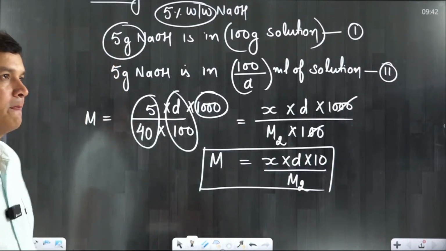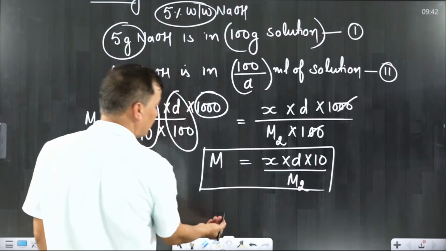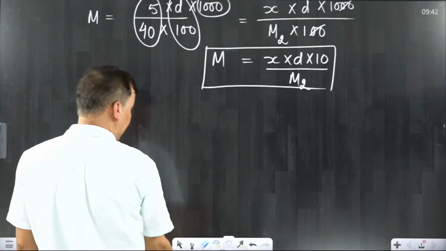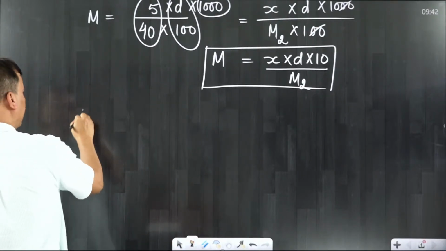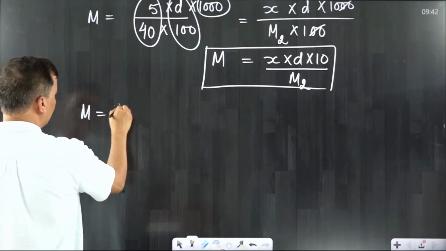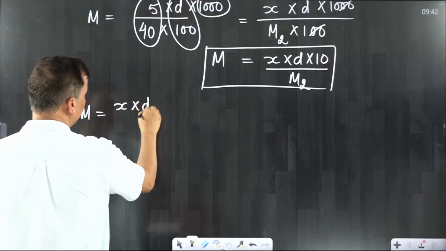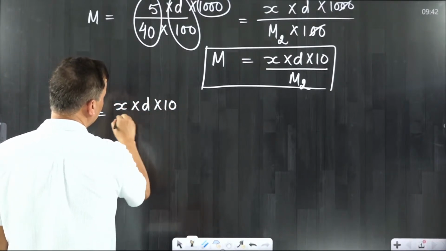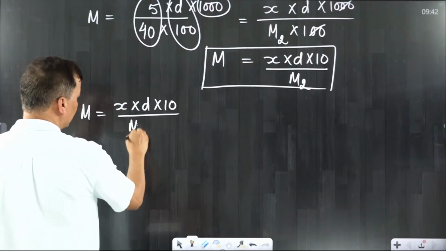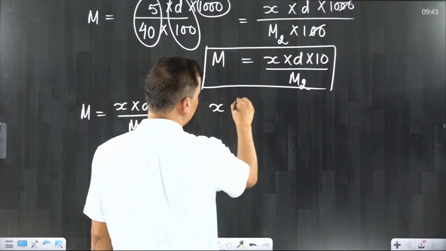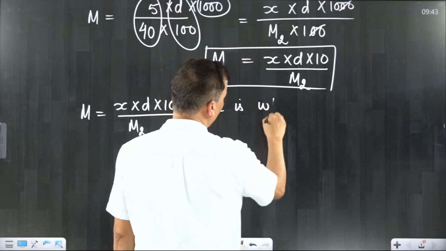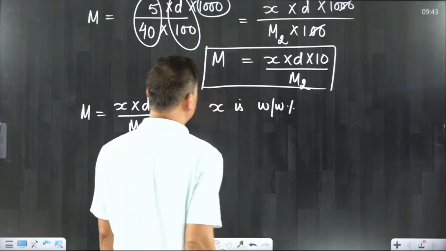No. I am quoting one example. I am writing here once again. You can write here second definition of molarity is equal to X into D into 10 upon M2. X is weight by weight percentage of solution.